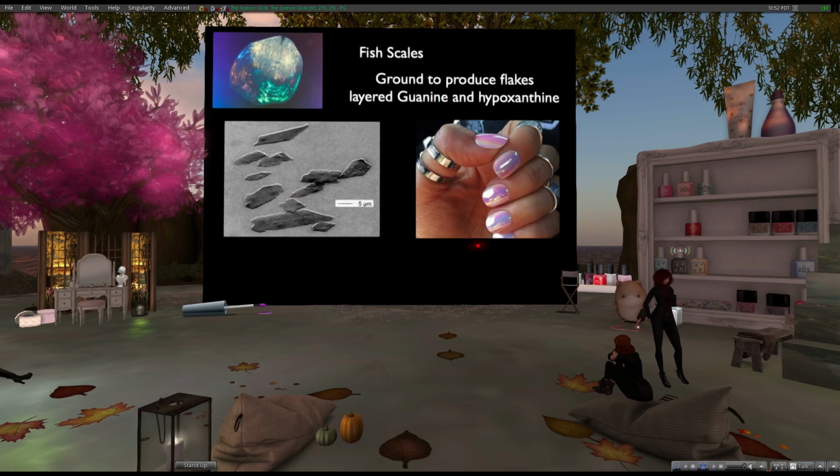And so another ingredient that can be used to add shine or color to nail polish is fish scales. If you have a nice reflective, glittery nail polish, it probably came from fish scales. What they do is grind up the fish scales to produce tiny flakes, here shown in a scanning electron microscope, of layers alternating guanine and hypoxanthine.